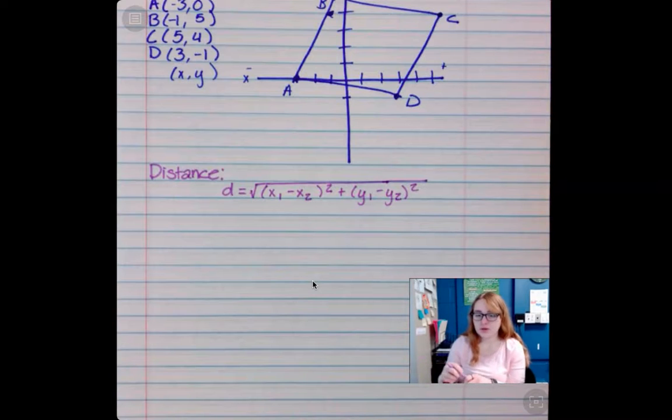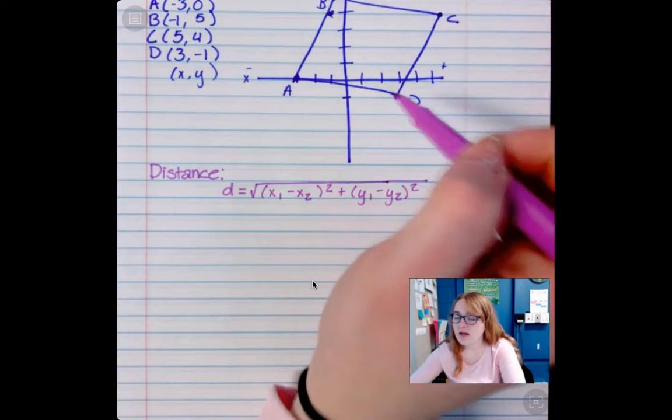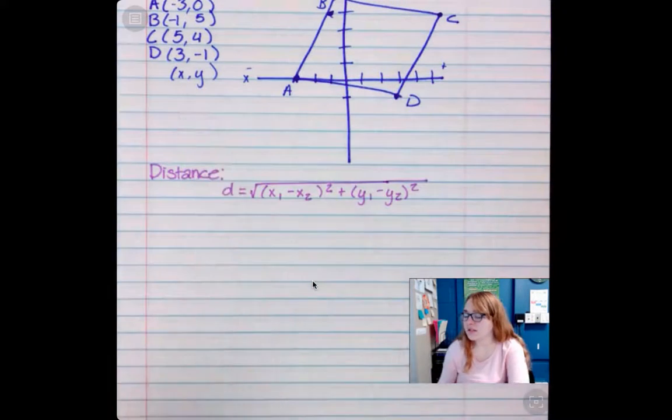That is all under our square root. So what we're going to do is find the distance between A and B, B and C, C and D, and A and D. We're going to find the distance of all 4 sides to see if our opposite sides have the same distance and they are congruent.